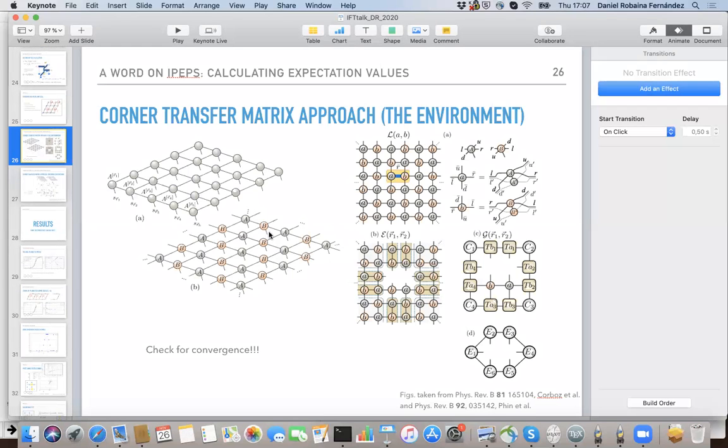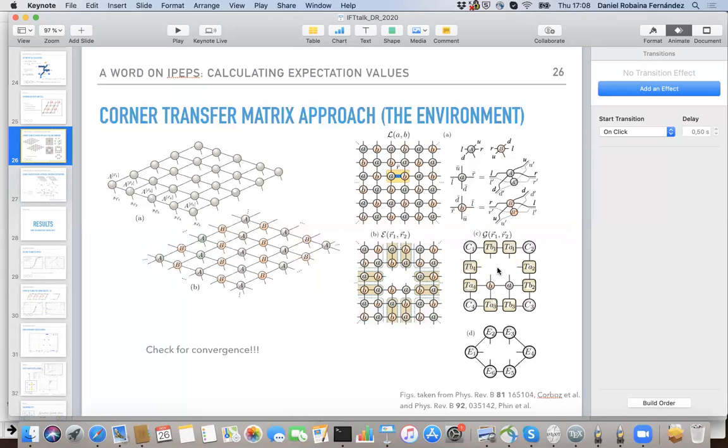So what you do is you define a unit cell, and when you want to calculate expectation values, you hope to have an effective description of the environment around this unit cell. And this is where all the information about this infinite tensor network gets effectively encoded.